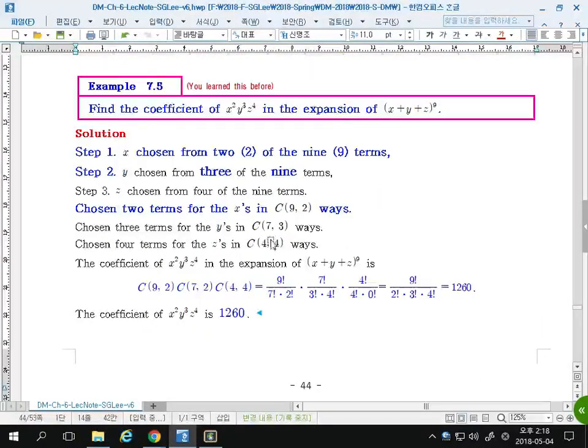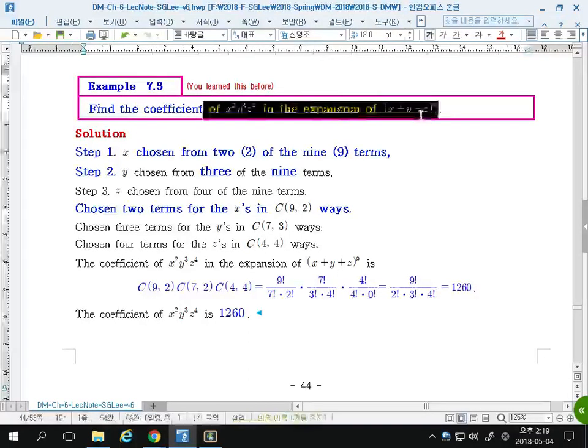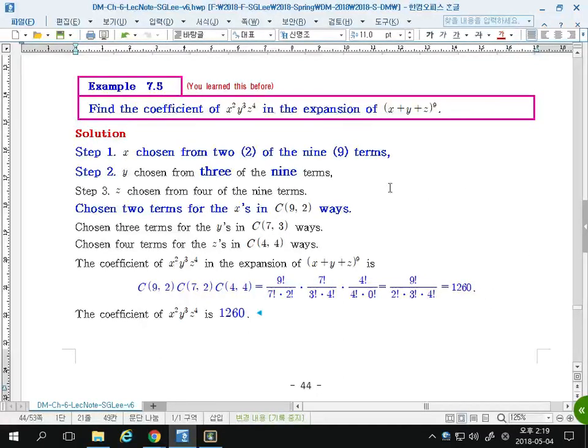And the next, find the coefficient of this. This is called a multinomial polynomial. When we have x and y, 2 terms, it's a binomial. When we have more than 2, like 3, 4, and 5 terms, x, y, z, w, or whatever, we call it a multinomial polynomial.